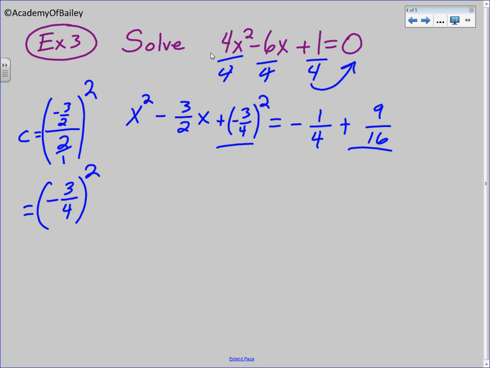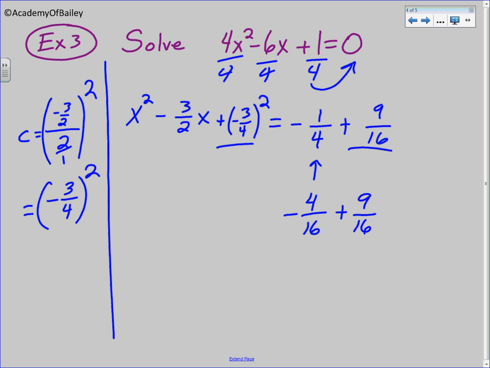You're going to need common denominators. So you have to multiply that denominator by 4 to get 16, and multiply the number on top by 4. And -4 plus 9 should give you 5 over 16. So we're looking at 5 over 16 here.